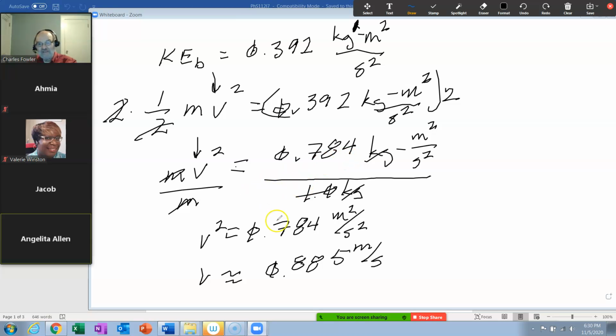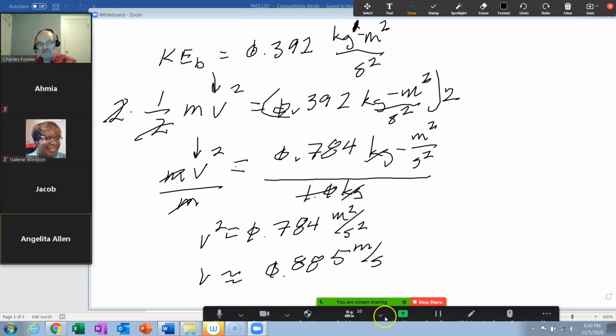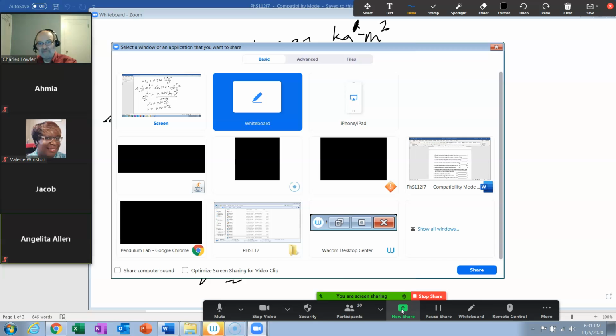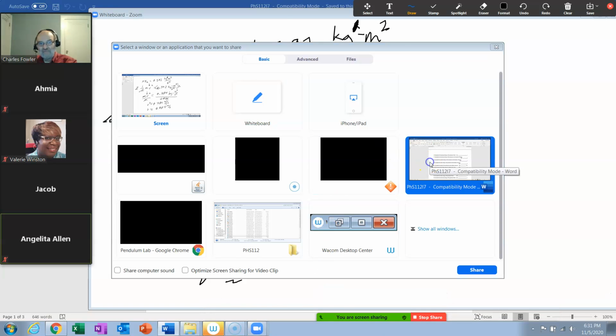Take a square root of that, you get 0.885 meters per second. Same velocity, because you had the same potential energy. Well, potential, but also kinetic energy there. So that didn't change. 0.885 meters per second. Okay. What's next?